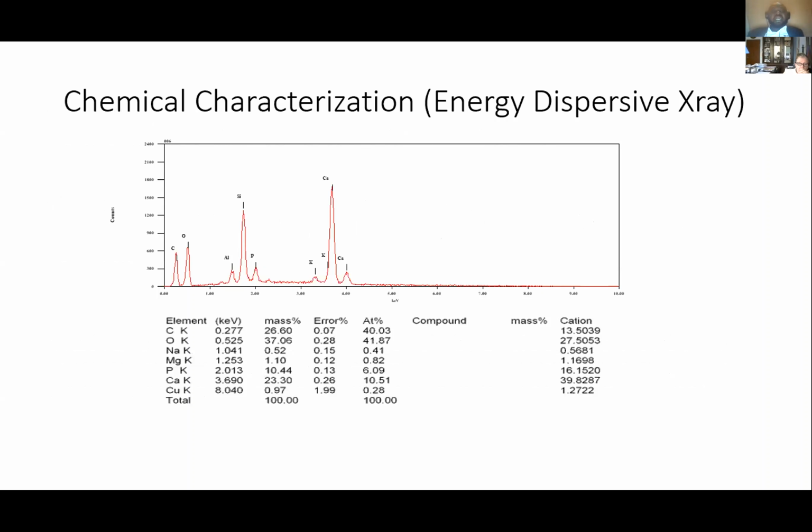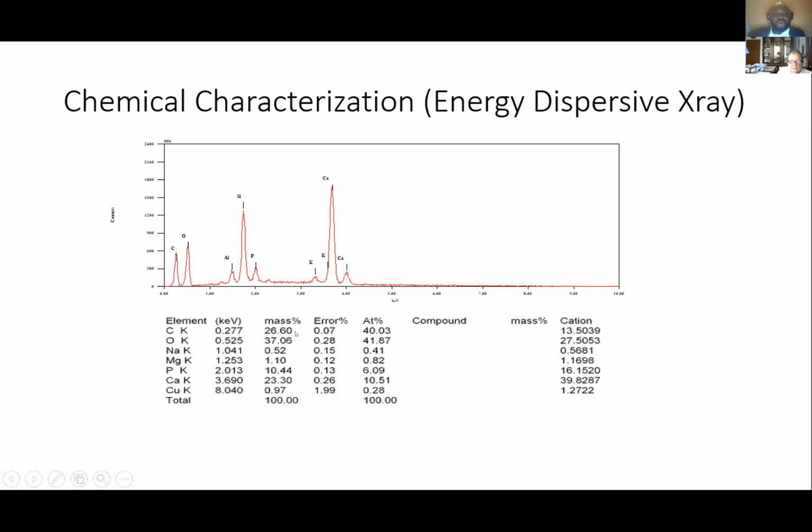From the chemical characterization, this is one of the characterization studies using the energy dispersive X-ray test from the EDX spectrometer. As you can see, we have carbon, oxygen, and calcium as the major elements that compose the activated carbon powder.